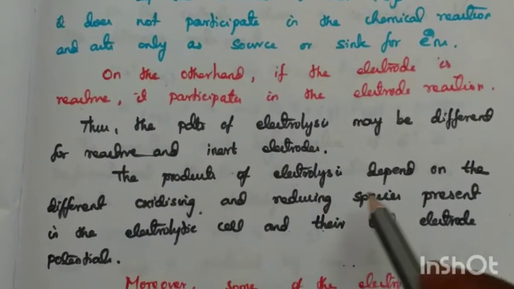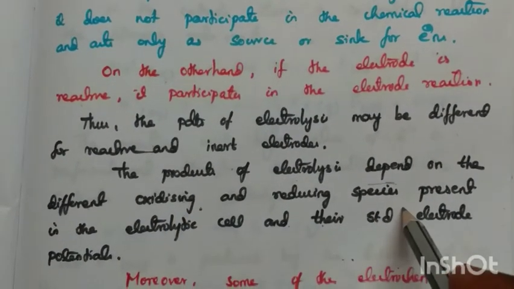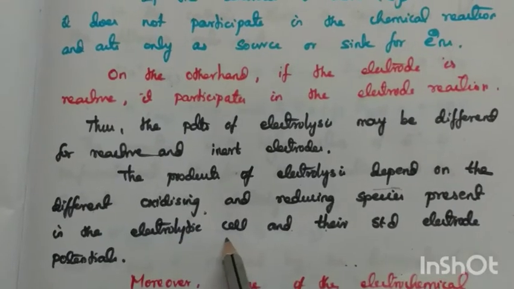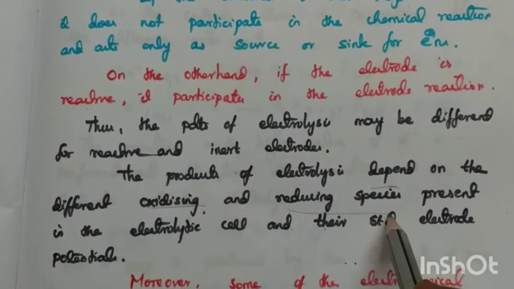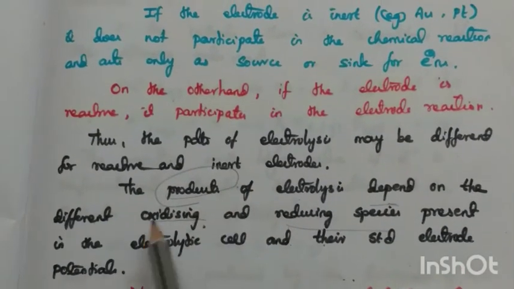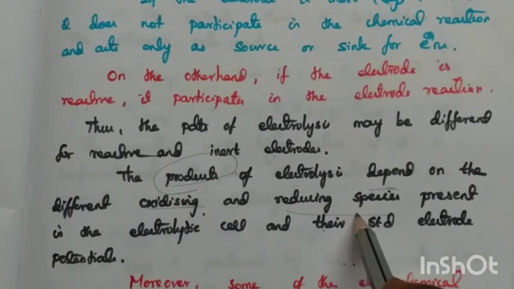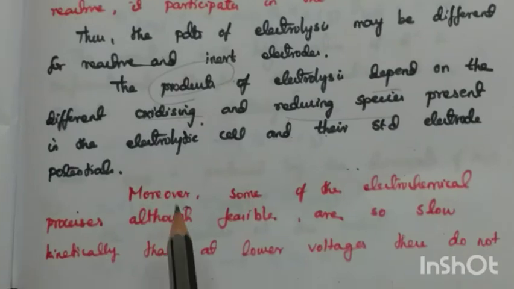The product of the electrolysis depends on the different oxidizing and reducing species present in the electrolytic cell, which is used as an oxidizing agent and which as a reducing agent, and also their standard electrode potential.